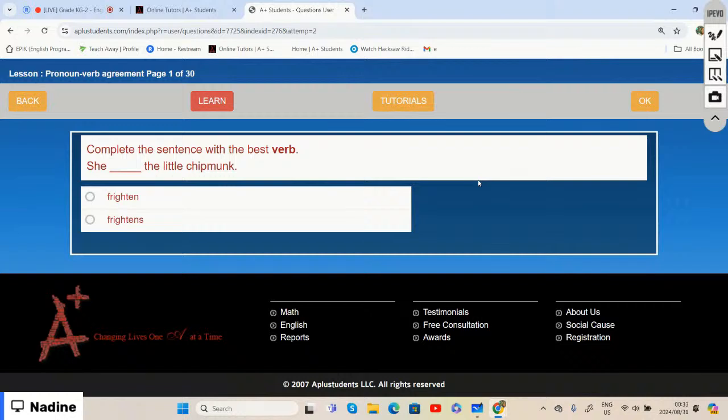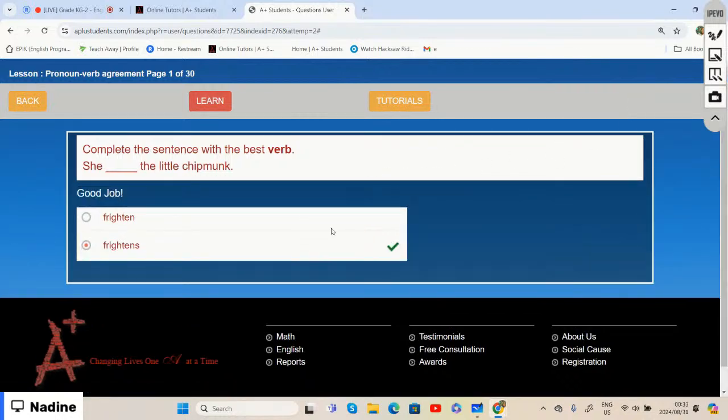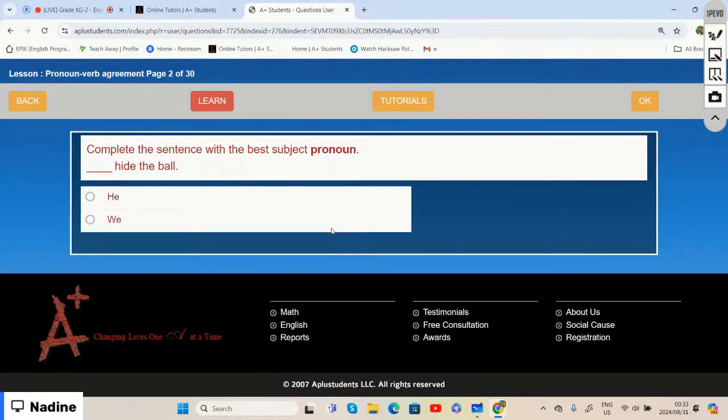If we were to choose the correct option, we will say she frightens. Yes, so option 2 is correct. She frightens the little chipmunk. Well done.